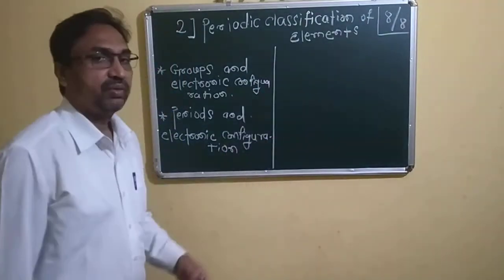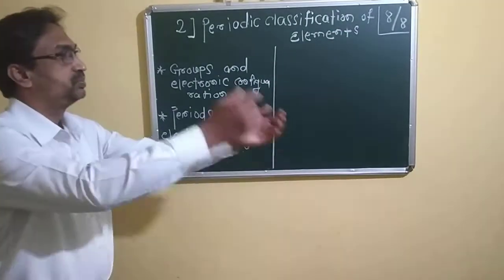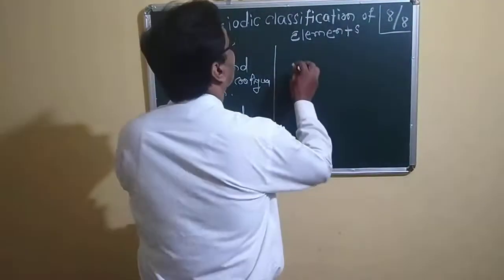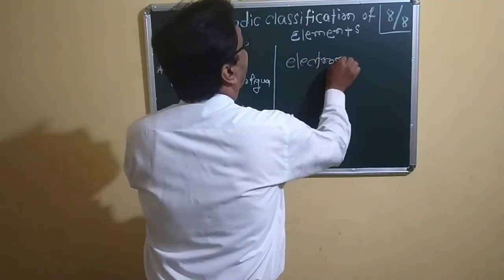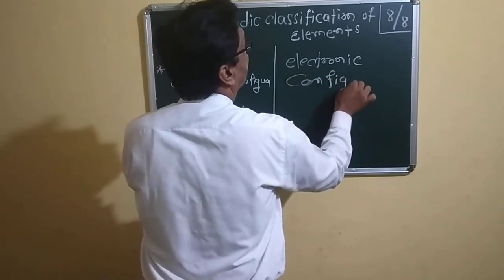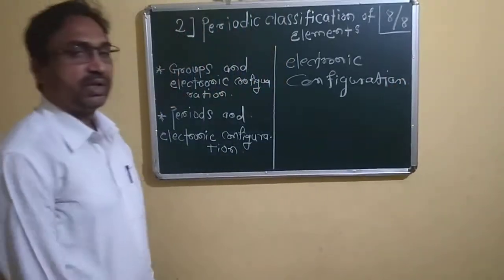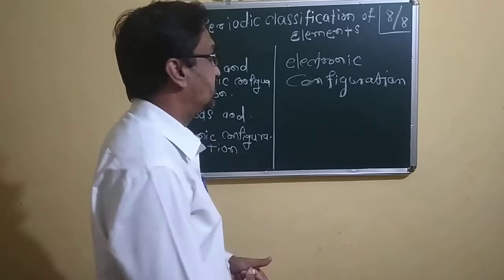So today we have enough space to write down what is meant by electronic configuration. The word electronic configuration is the distribution of electrons.